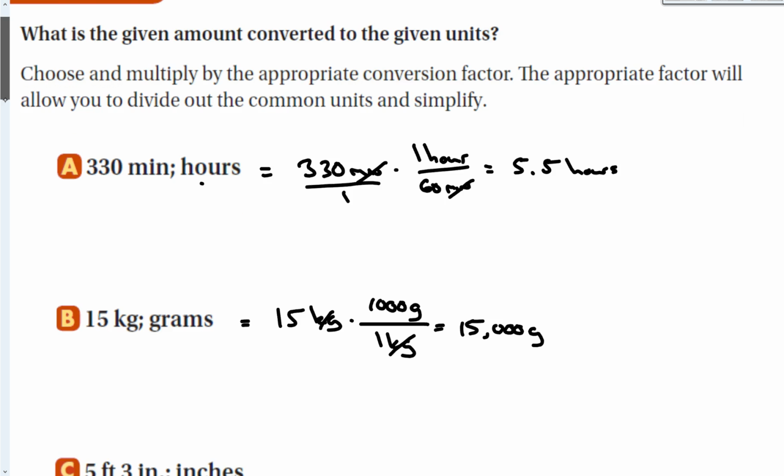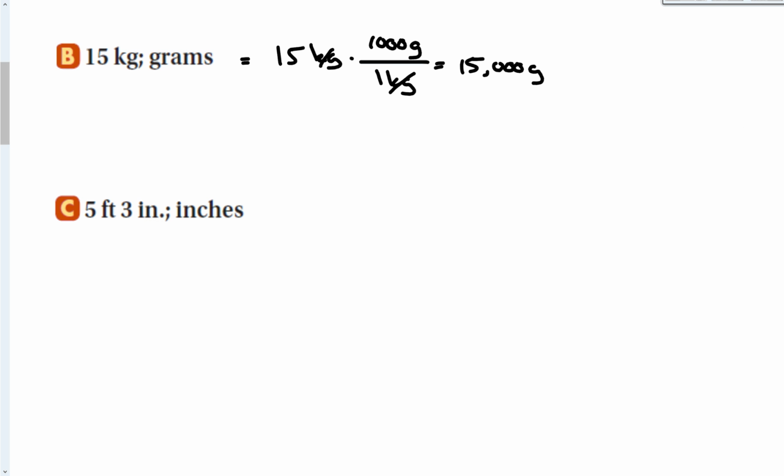Okay? Last one. 5 feet 3 inches to just inches. Well, don't make the mistake of thinking this is 5 feet times 3 inches. It's 5 feet plus 3 inches. So the 3 inches is already in inches. All I need to do is change the 5 feet.